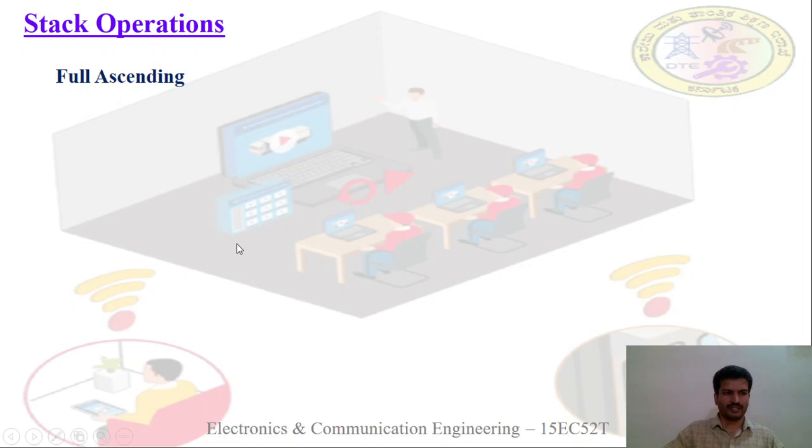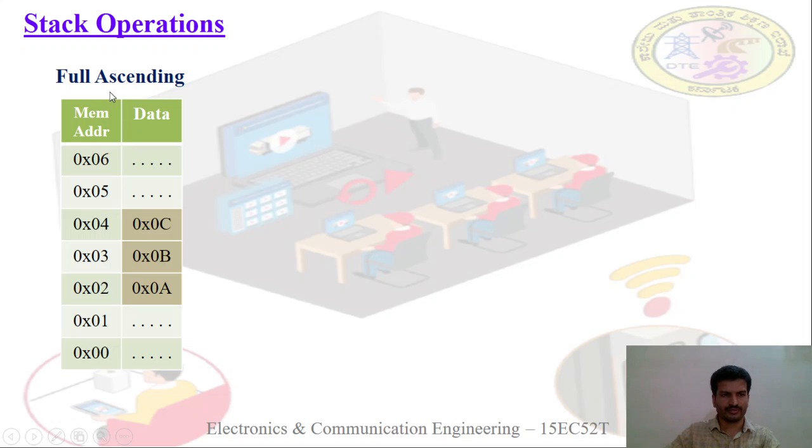So I will just summarize all these stack operations here. First consider full ascending. These are the memory addresses. Here I have pushed 3 bytes of data onto the stack memory. In full ascending, what is ascending? The address is in increasing order, from lower memory address to higher memory address. See the direction, where the stack pointer is pointing.